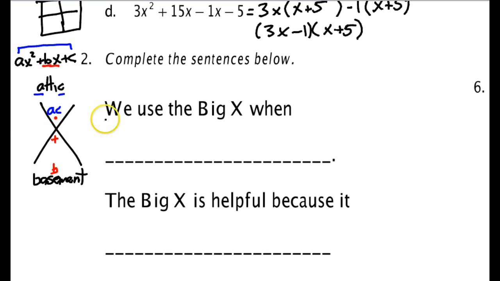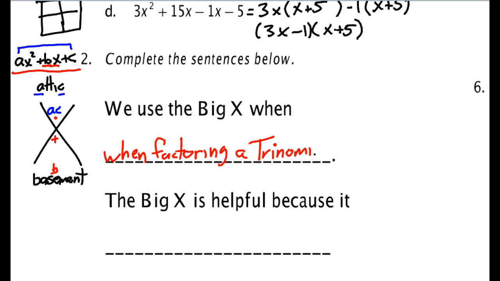And when do you use it? Well, it's when you have this format right here. The main question is, use it when factoring a trinomial. The prefix tri kind of gives it away. That's 3 terms.